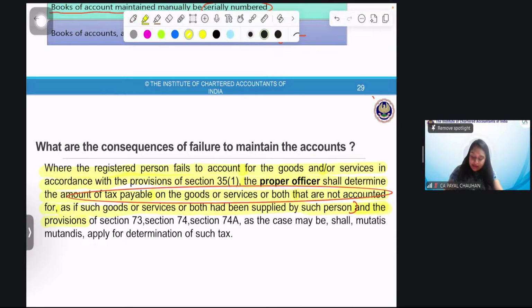Next, the provisions of section 73, 74 and 74A, as the case may be, shall mutatis mutandis apply to determination of such tax.